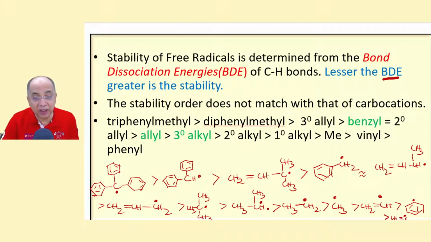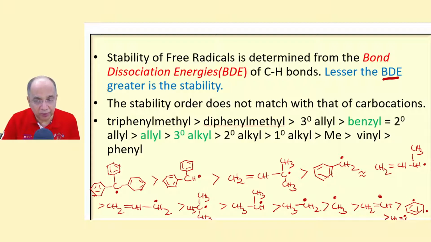So because of the poor hyperconjugation in case of radicals, and here a real conjugation, resonance, allyl becomes more stable than 3 degree, then 2 degree alkyl, then 1 degree ethyl, then methyl, then vinyl, then phenyl, and finally it is ethynyl. In case of carbocation, methyl was coming just before ethynyl.